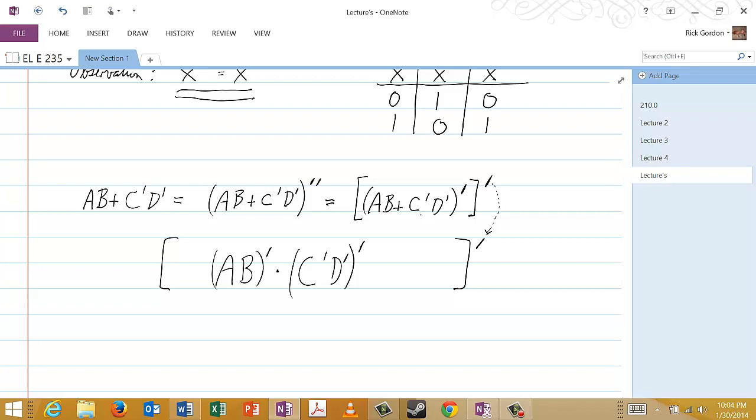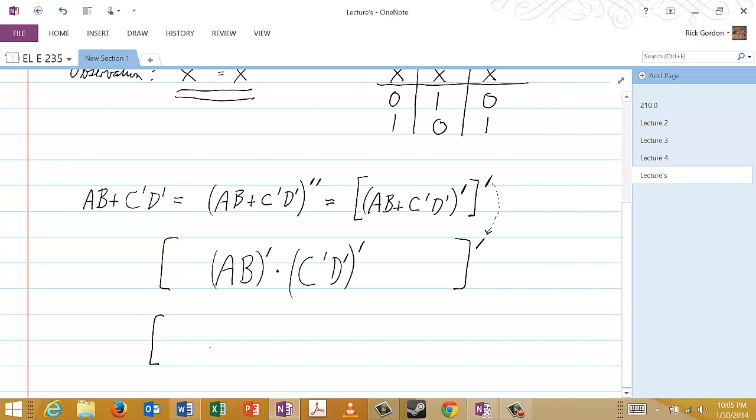So this is how De Morgan's theorem could be used to make one simplification. Well, now it can be used once again, but this time we'll use the other form of De Morgan's theorem. Notice that each one of these terms down here has the form of a complement of a product. And the other form of De Morgan's theorem says the complement of a product is the sum of the individual complements.